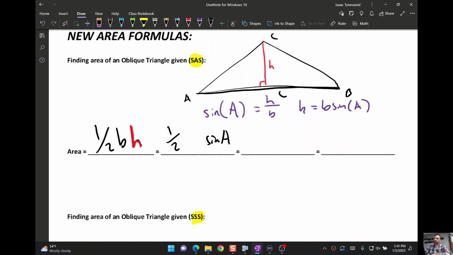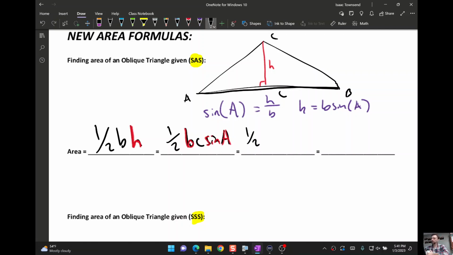But I'm going to rearrange these two, and I'm going to highlight it. So a fancy way to say height is B times the sine of A. And all I really did was say, wait, there's a right triangle over there on the left. Let me do a SOHCAHTOA equation.